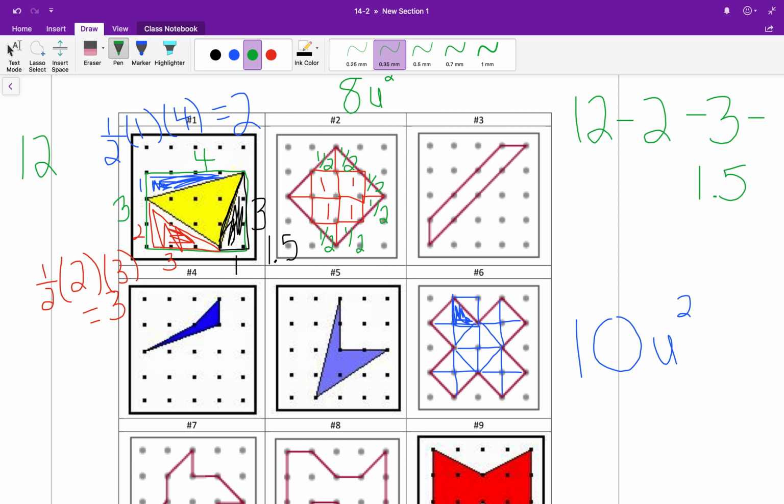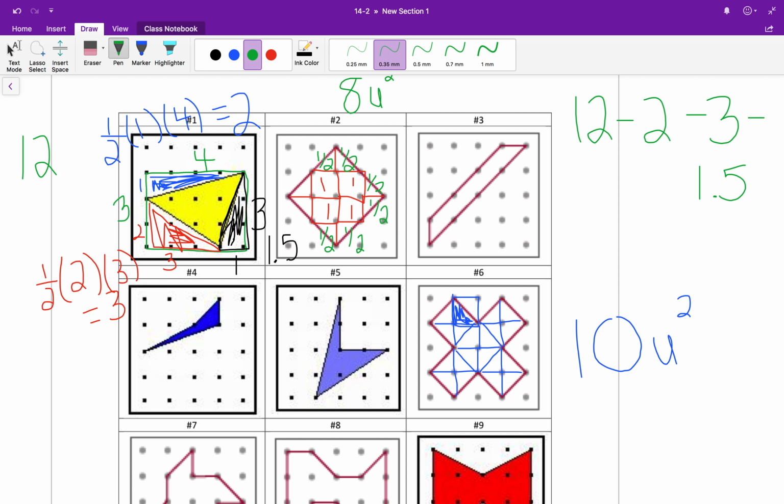Imagine having a piece of paper that was the shape of this green rectangle, then taking your scissors and cutting away each of these little smaller triangles. What we would be left with is our yellow triangle that we want in the middle.